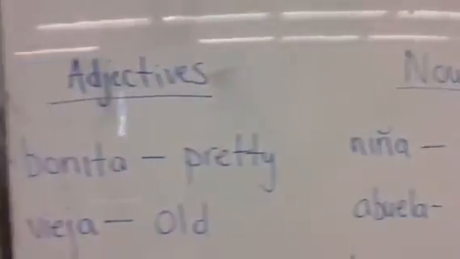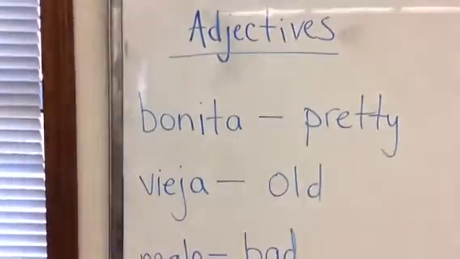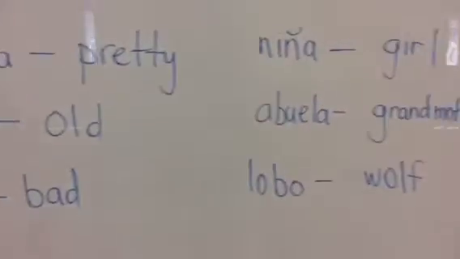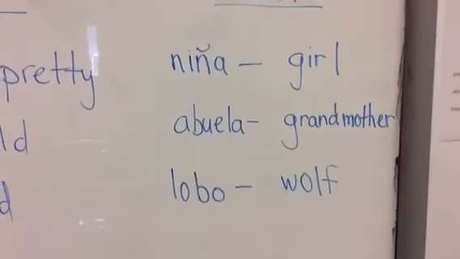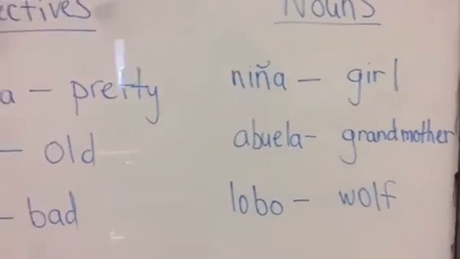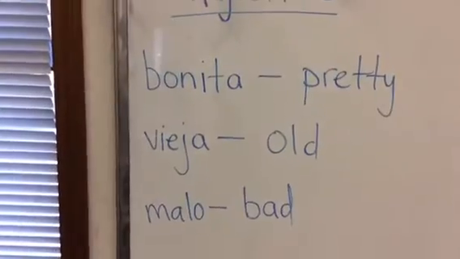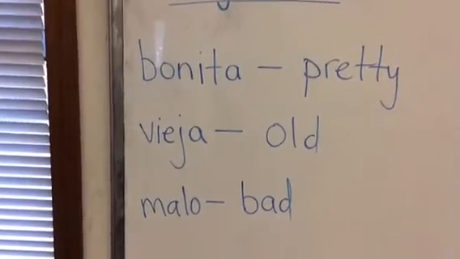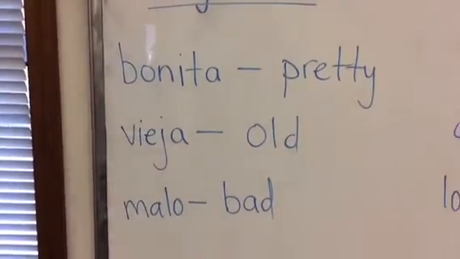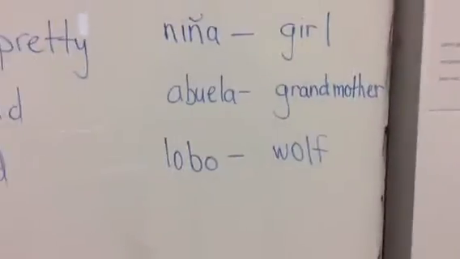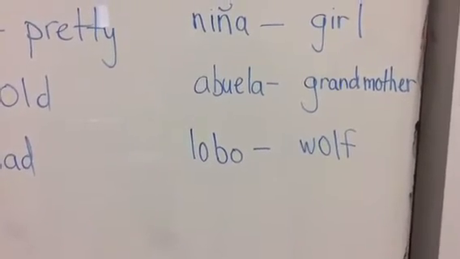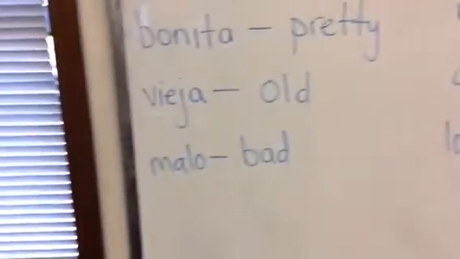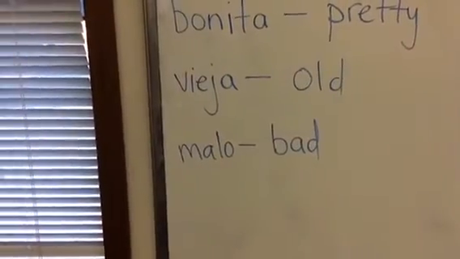So both the noun and adjective end in A. The same would be true for abuela. Abuela is a feminine noun, so it would have to be paired with a feminine adjective, which is vieja. It ends with an A. Lobo is a masculine noun because it ends with an O, and so I would need to pair it with a masculine adjective, malo.